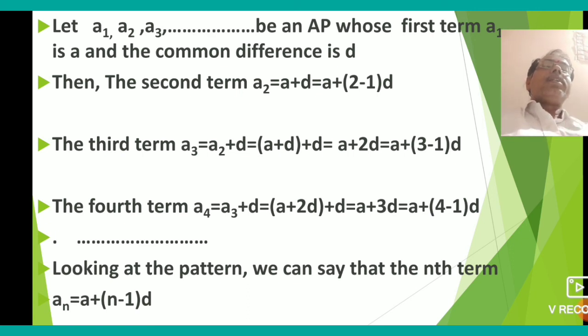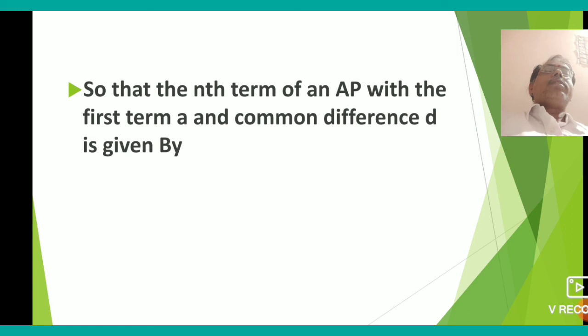So the nth term is simply the first term A plus n minus 1 into D, as in A4 and A3. Now next. The nth term of an AP with first term A and common difference D is given by An equals A plus n minus 1 into D.